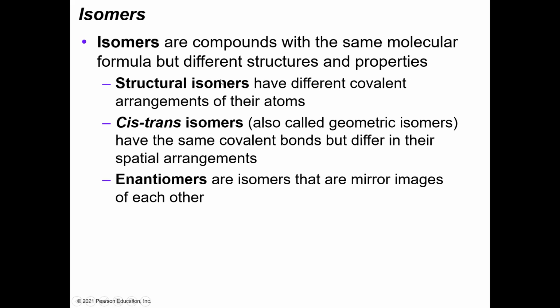You can have structural isomers where they just have different arrangements of the molecule. There are cis-trans isomers where they have the same covalent bonds, but they differ in their spatial arrangement. And then the funniest ones to me are the enantiomers, which are isomers that are mirror images of each other.